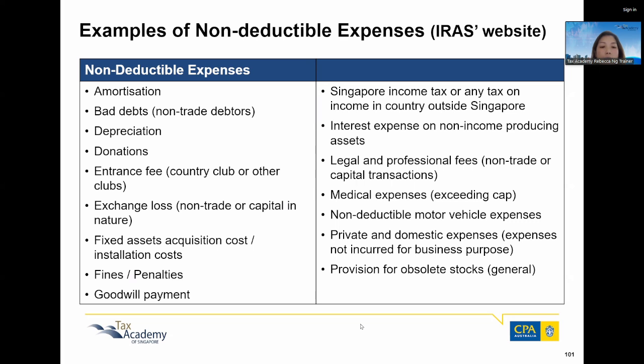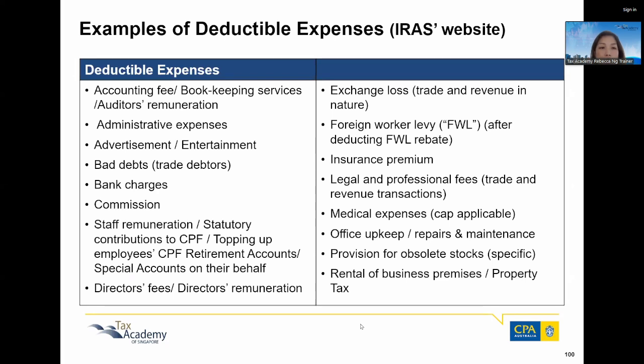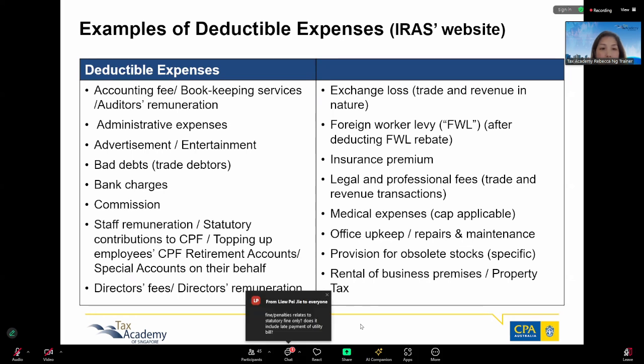So for this particular list, if the expenditure in slide 100 is in the profit and loss account, they are deductible expenses, no adjustments, because we allow them to claim. It has already been computed in the profit and loss, so no adjustments.